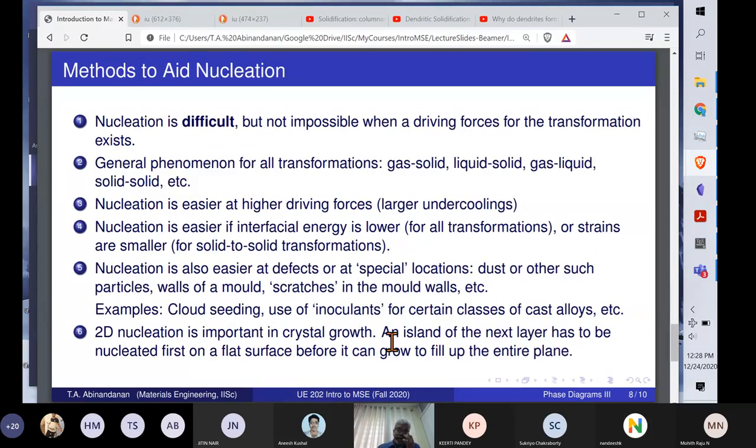Okay, the next point that we want to look at is the methods to aid nucleation. Nucleation is definitely difficult, but it is not impossible when there is a finite driving force, which is why, even in a freezer, in the case of the video, the guy had to take the bottle out after some finite time.